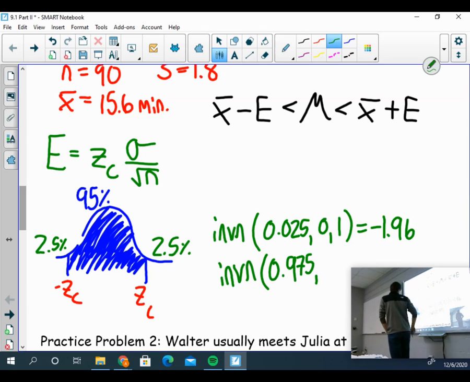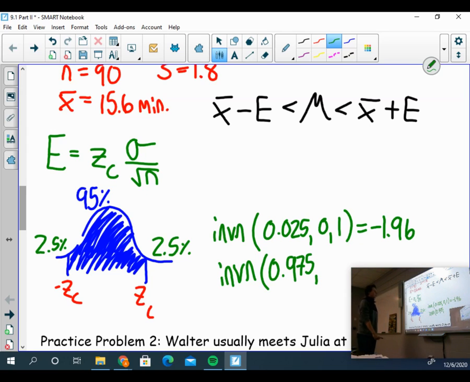Again, what's our area left of our critical value for our right boundary? Well, that's going to be 0.975, because 95% plus 2.5% has to be 97.5%.